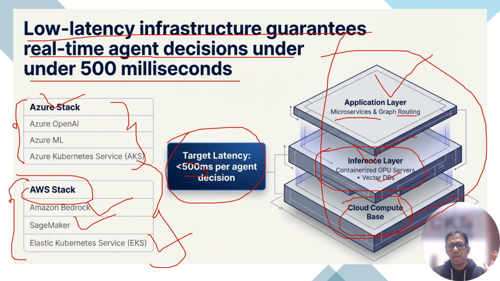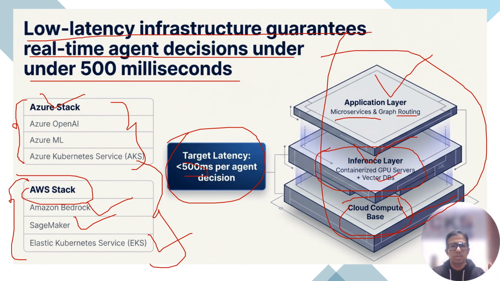Now here is the main takeaway of the slide. Low latency is what makes agentic procurement usable. If procurement teams can ask the system and get results instantly, they will use it. If it's slow, they will bypass it.